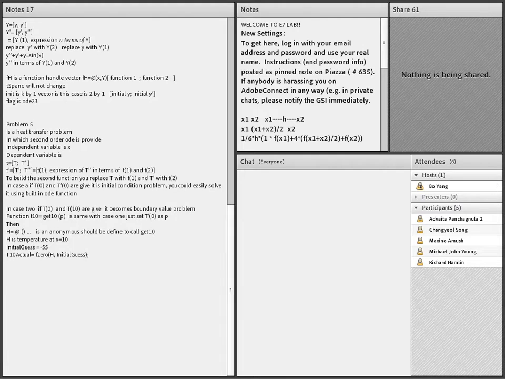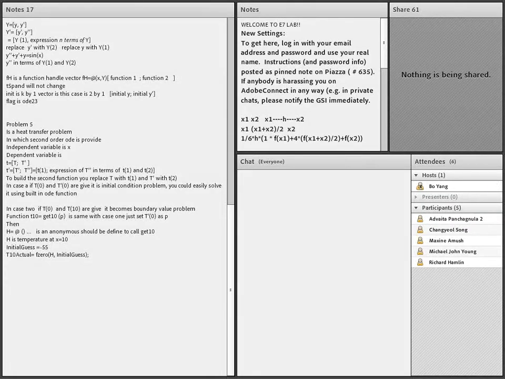Although we don't know the temperature derivative T prime at x equals 0, we can define it as a variable. So we put this variable into the function handle, and we can get an expression of temperature at different points.